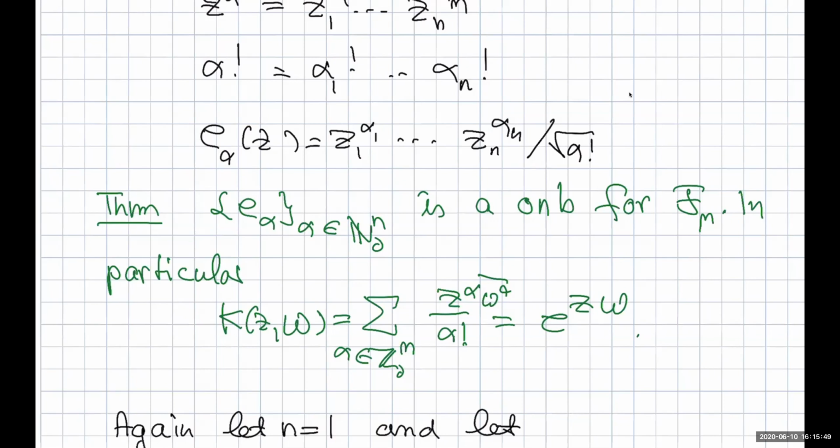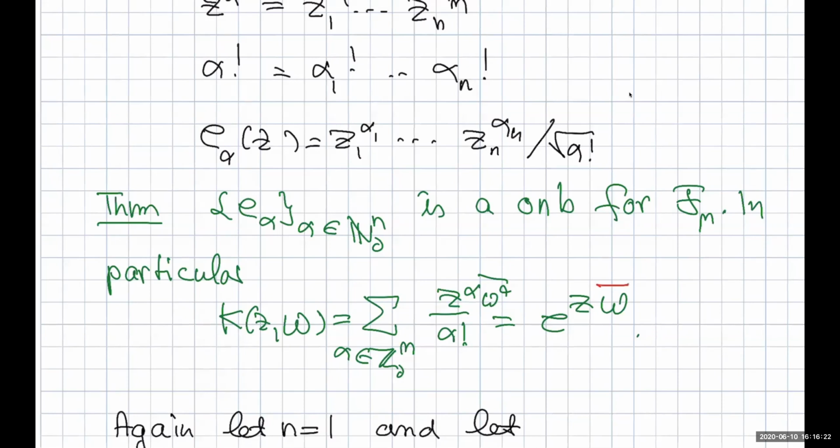And now one way to figure out what the reproducing kernel is, you use the theorem that the reproducing kernel is just the sum over this orthonormal basis. And if you look at this in one dimension, then you are just looking at the sum of z times w bar, raised to the power n, divided by n factorial, which is the exponential function, okay? There is a little more combinatorics involved in the higher dimension, but you get the same thing.